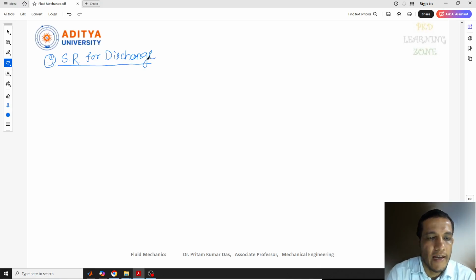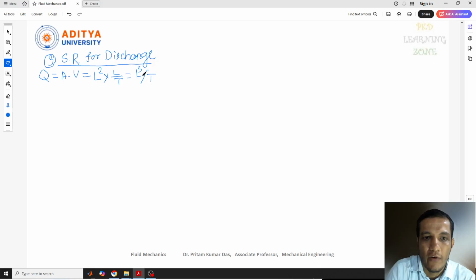Now in the scale ratio for the discharge, we know the discharge formula: Q equal to A into V. So let's write Q equal to A into V, and in the place of area, let me write L square, length into length. So L square into velocity, we can write L by T, length by time. So this one we can write L cubed by T.